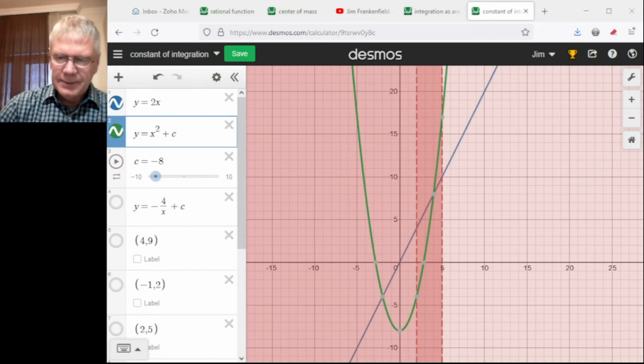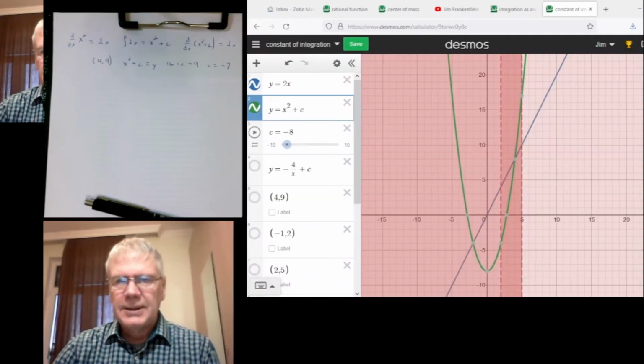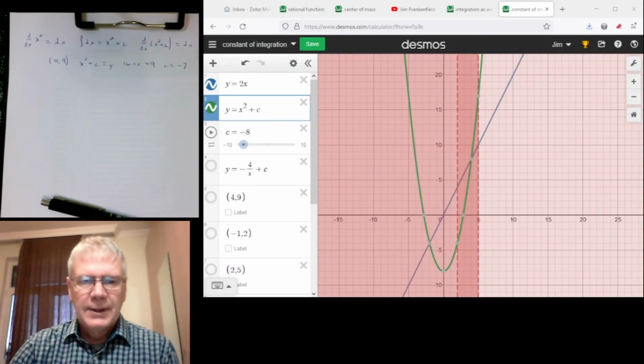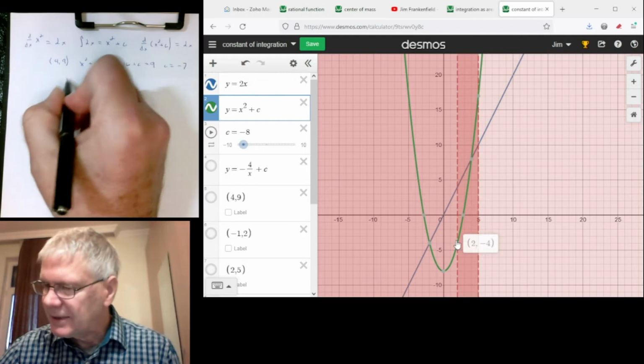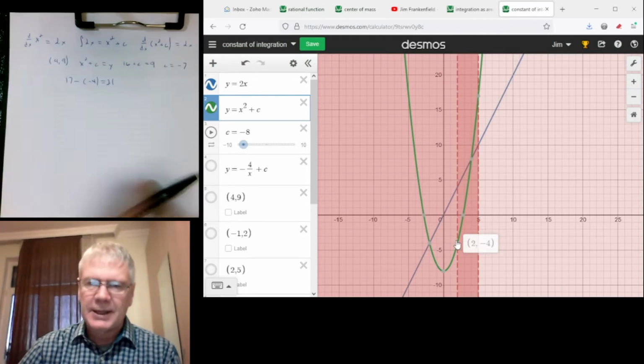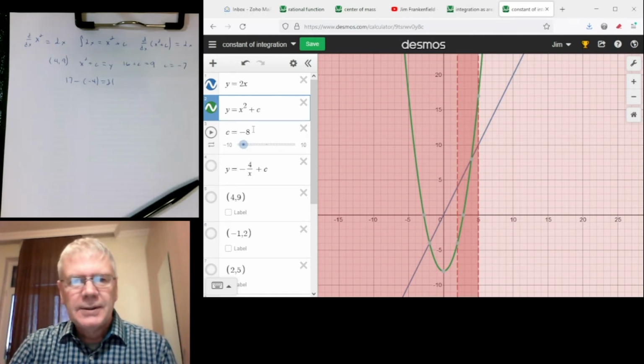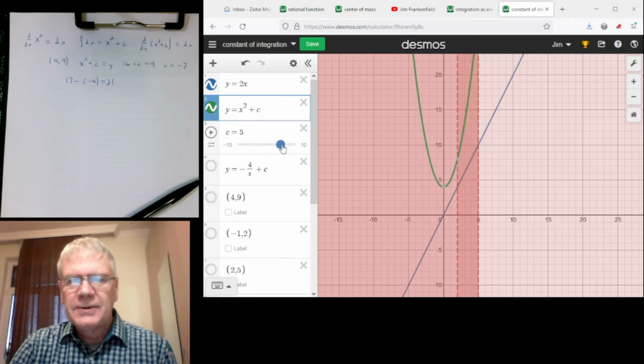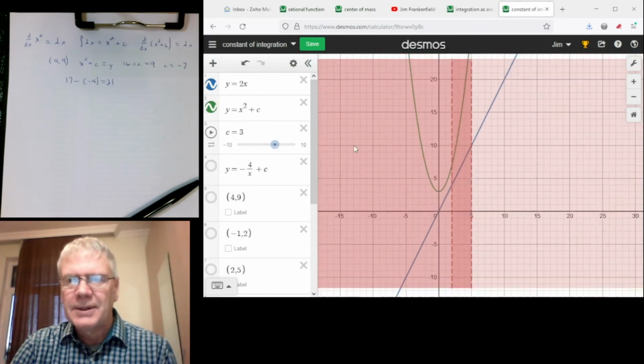Let's go back to include the document scanner here. Up here I had 17, and down here I had minus 4. 17 minus minus 4 is 21. That should be my area. Let's change c. Let's move it up here. We can move it up here, but we're going to have to zoom out a bit.